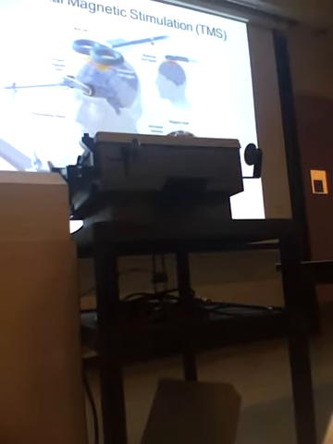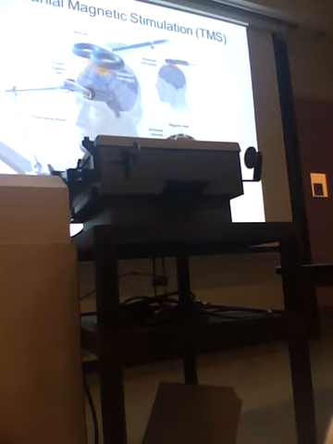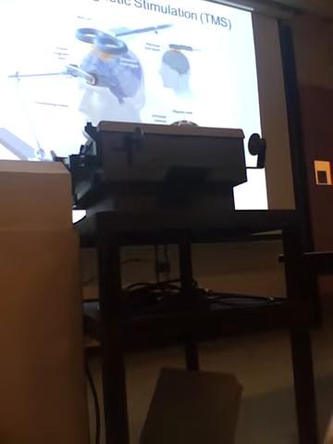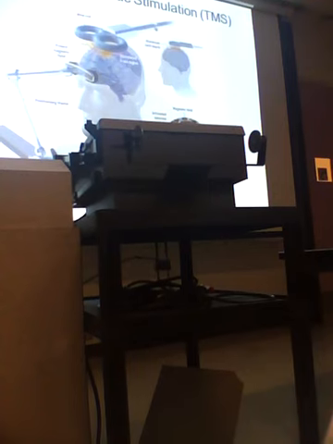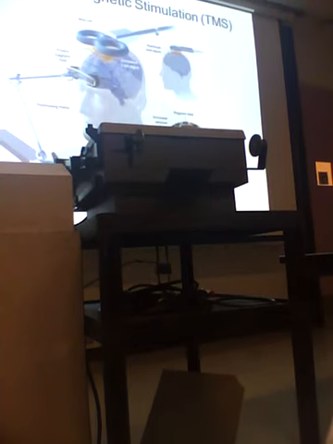You see the magnetic fields go into the brain as impulses, so they pulse, pop, pop, pop, pop. And you can either activate neurons here, stimulate neurons, or if you do it repetitively, you can actually transiently inhibit neurons, so that shuts them down for a little bit of time.